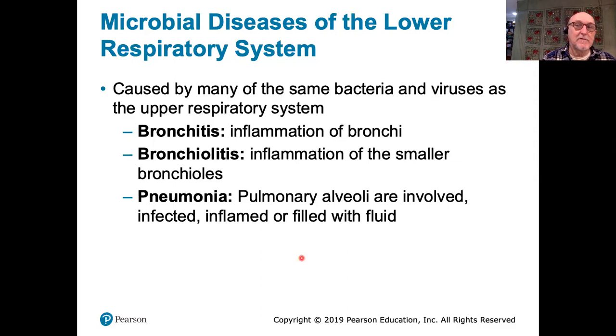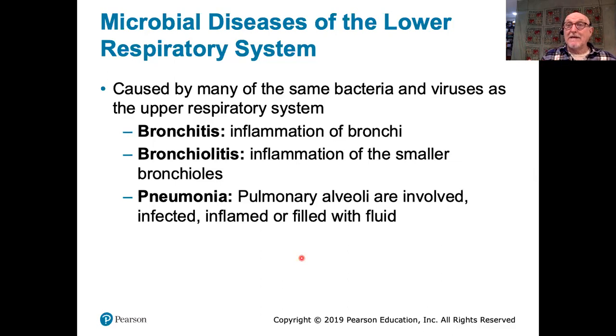Sadly, they used to refer to these pneumonias as being the old person's friend, because in very, very elderly, bedridden people who were not clearing their lungs properly, these pneumonias often set up almost overnight and were fatal within days and just carried the old person off.